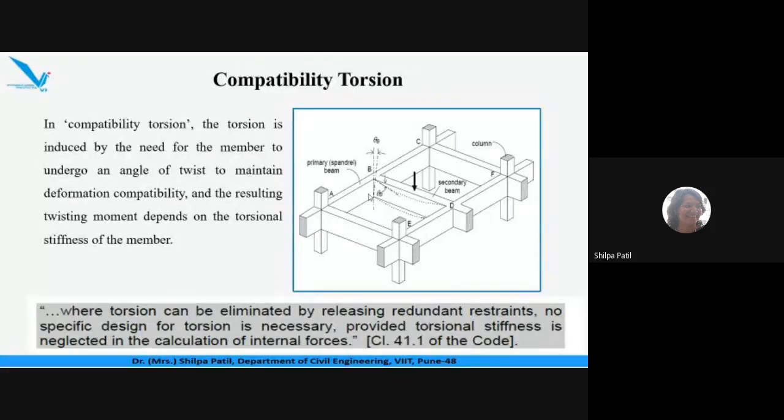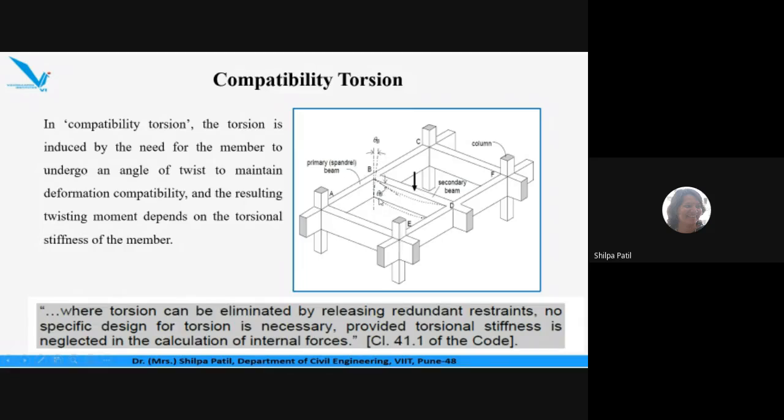What the IS code suggests is that where torsion can be eliminated by releasing redundant restraints, no specific design for torsion is necessary, provided torsional stiffness is neglected in the calculation of internal forces. So most of the time, as per IS 456, the compatibility torsion developed due to this interconnection of the members is normally neglected, because it can be eliminated by releasing the redundant restraint.